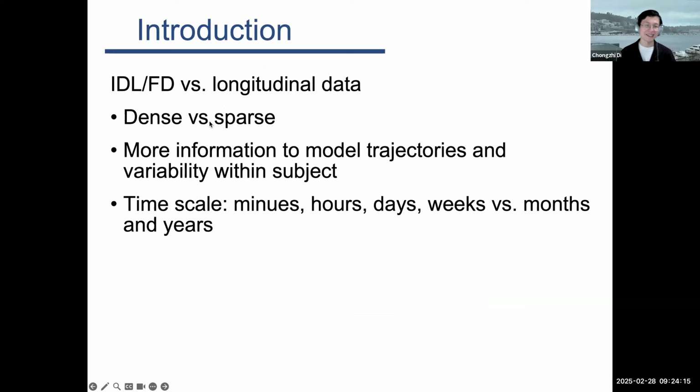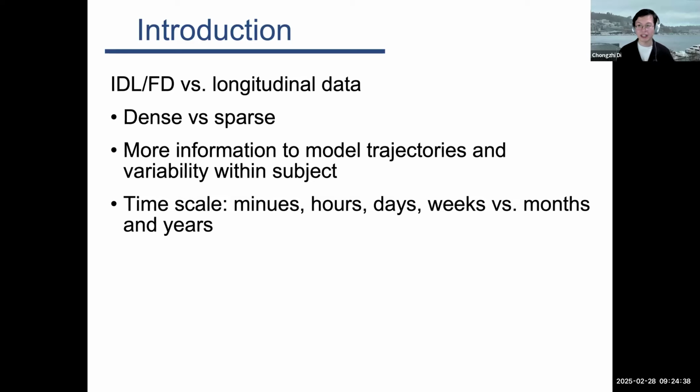Because you have more intensive measurements, we have more information to model the detailed shapes of the trajectories and also variabilities, both within subject and between subject.